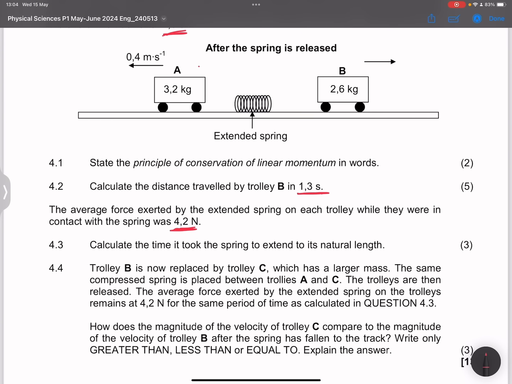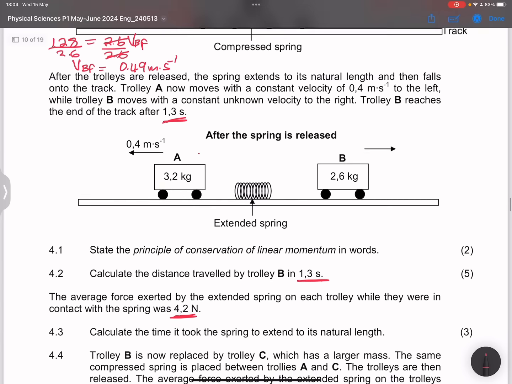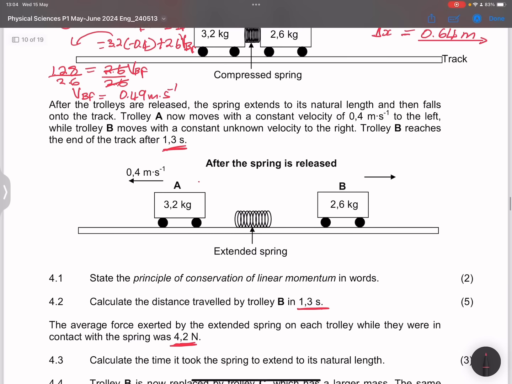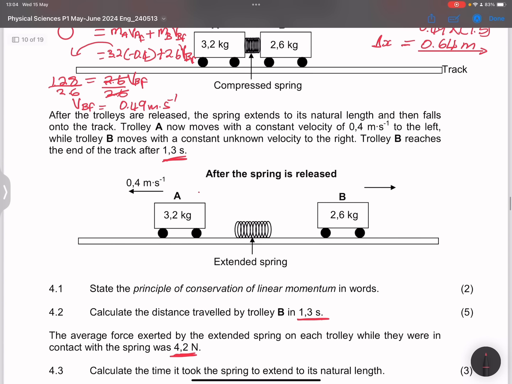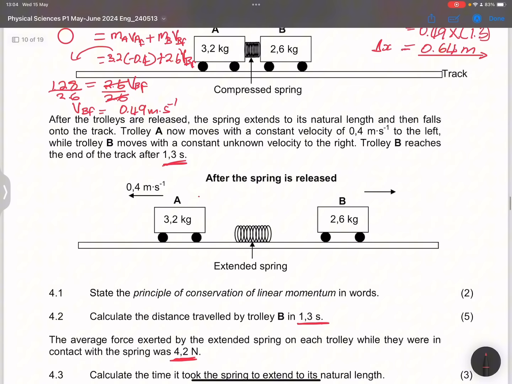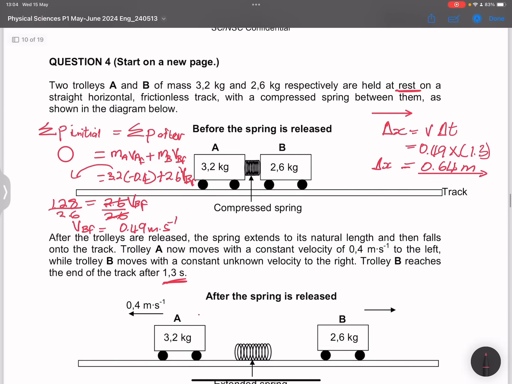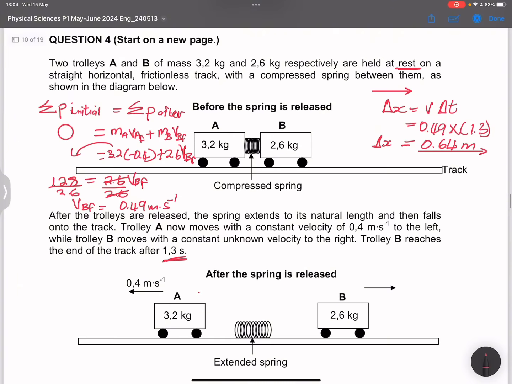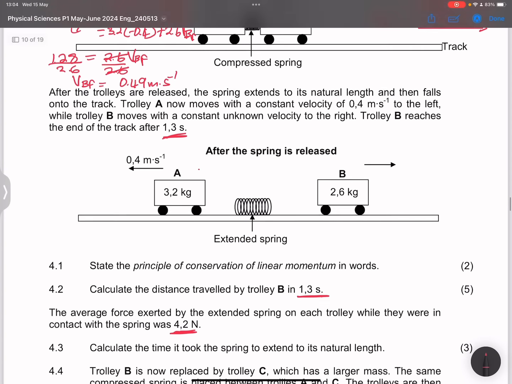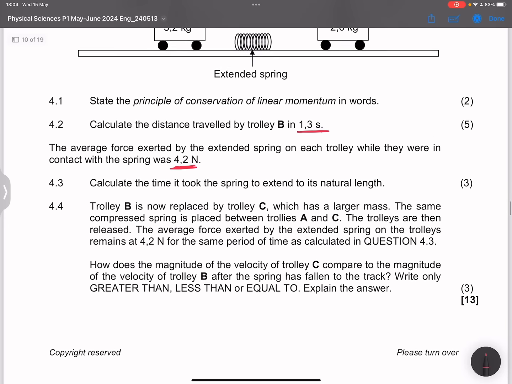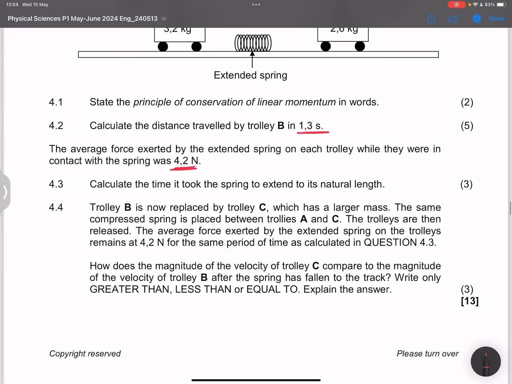The average force exerted. If we're looking at the spring that is released, we're going to have to take the change in momentum of one of the trolleys.